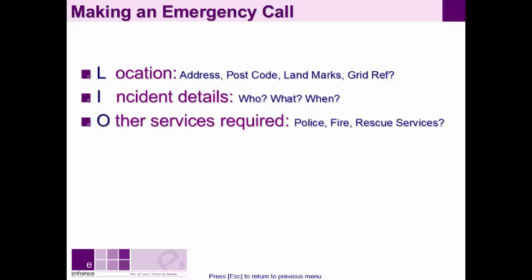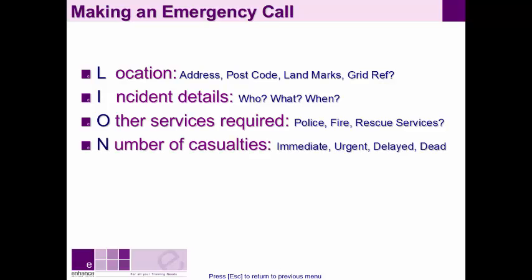It could be police if there's some criminal activity, or possibly fire brigade if somebody's got stuck, or if there's any damage to a building or a vehicle or something like that. Number of casualties, and they will ask, who's slightly injured and who's more seriously injured. That again will determine how much is dispatched towards you.